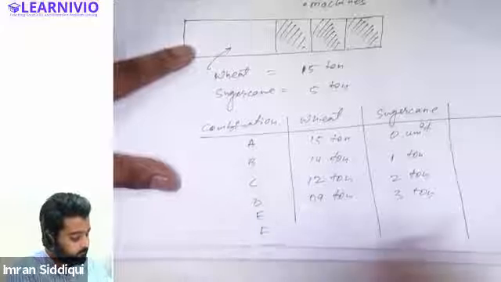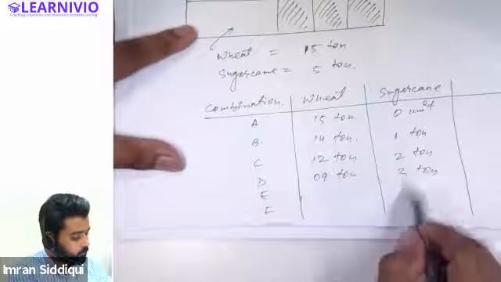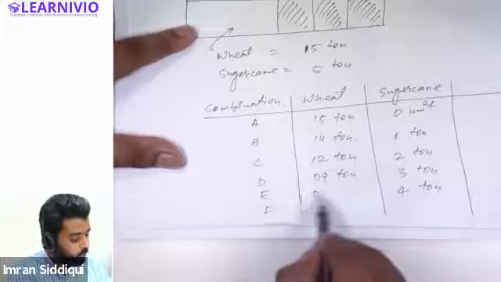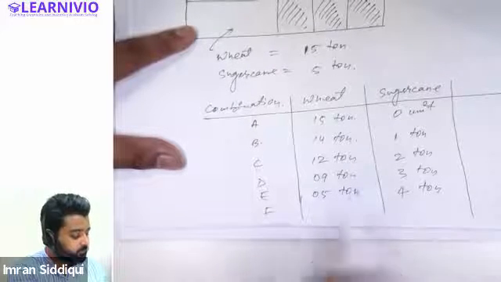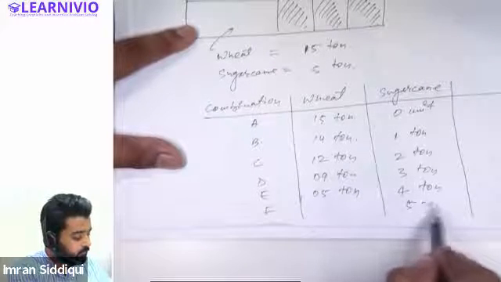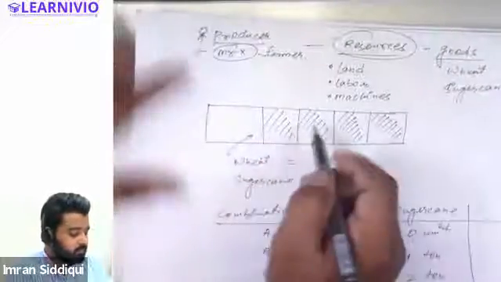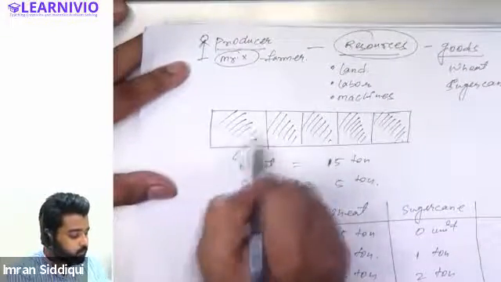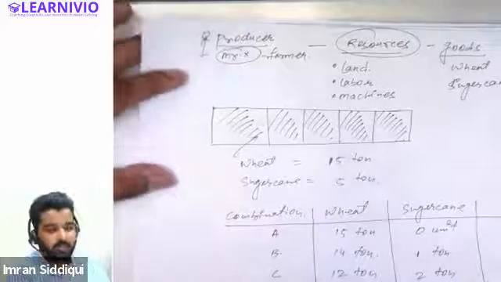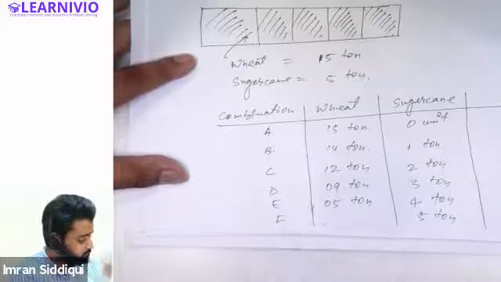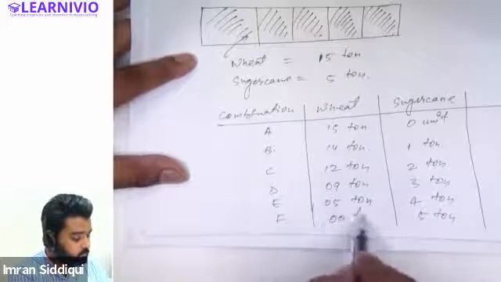E and F. Suppose he wants to increase the production to 4 tons. Now he will only be able to produce 5 tons of wheat. And if he produces 5 tons of sugarcane, then the entire land will be reserved for sugarcane, and no land will be available for wheat. Hence, production of wheat will decline to 0.